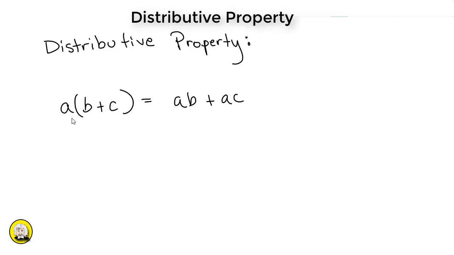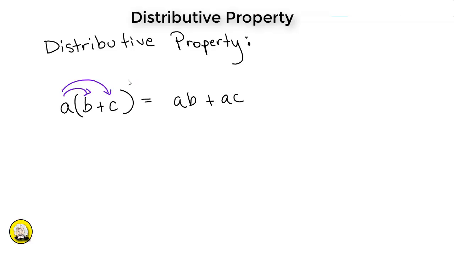Distributive property says A times quantity, B plus C in parentheses, equals AB plus AC. And effectively that occurs by A, the term, can be multiplied by B independently, and that forms A times B plus A multiplied by the C separately, and A times plus C is plus AC.